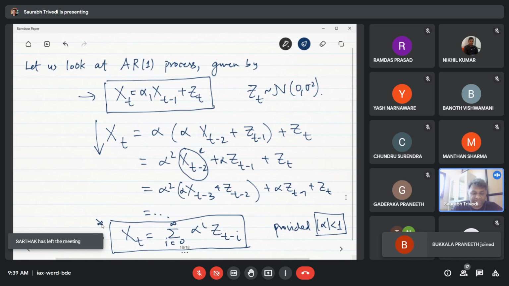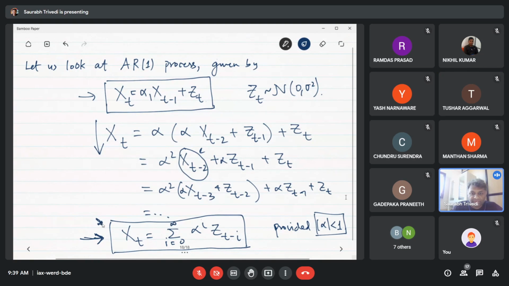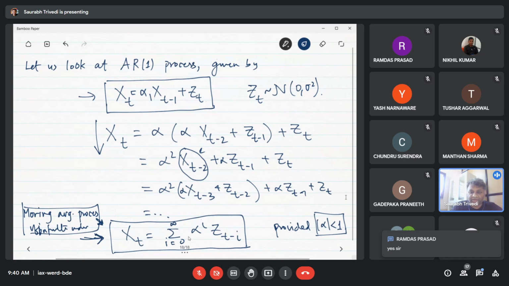We have already seen this one. It is something like that one, with theta to the power i. Actually, you see, this is a moving average process of infinite order, right? Is this clear that this is a moving average process of infinite order?